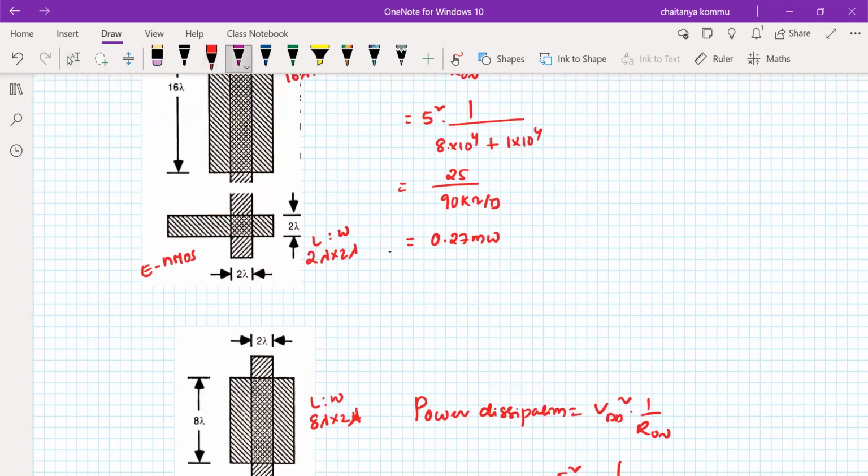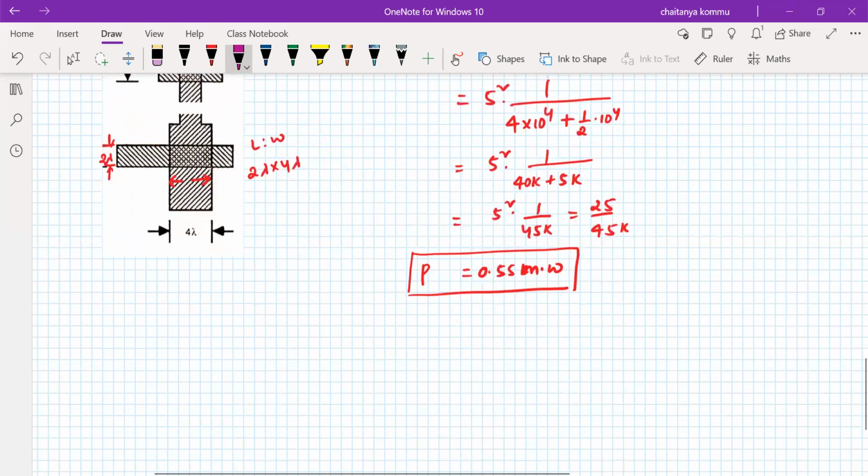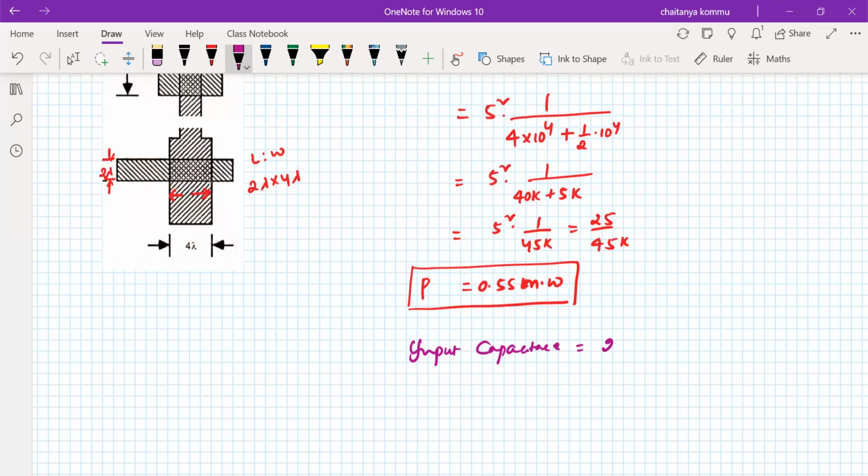And by the way, what is the input capacitance? At this particular place we have to write it. As we know, the input capacitance here is nothing but 2 times square Cc, because it is directly proportional to the width of the transistor.